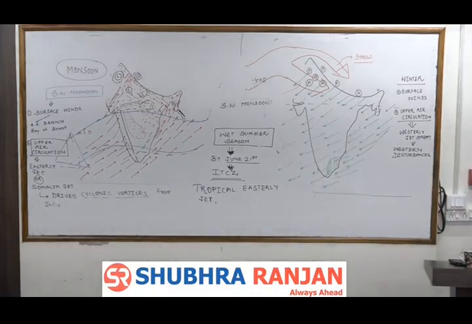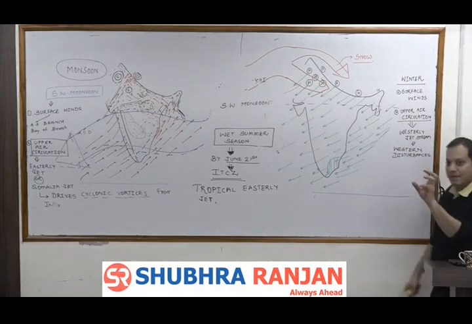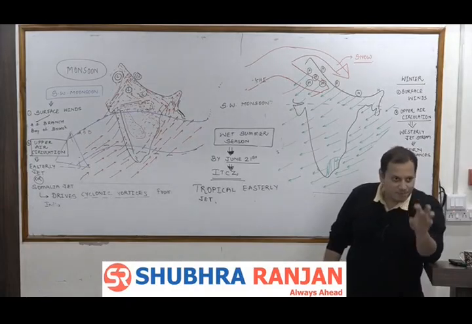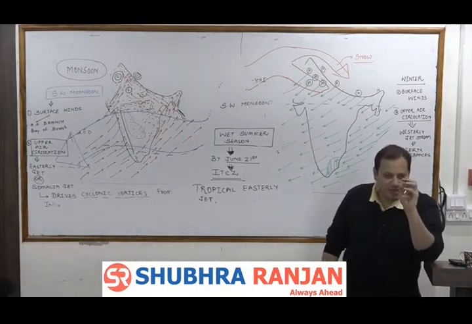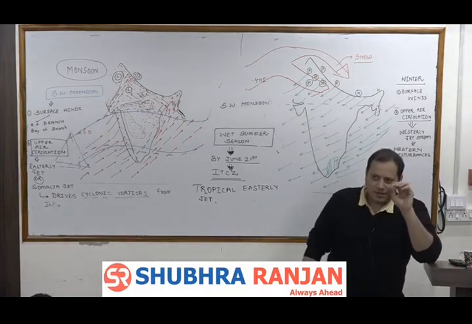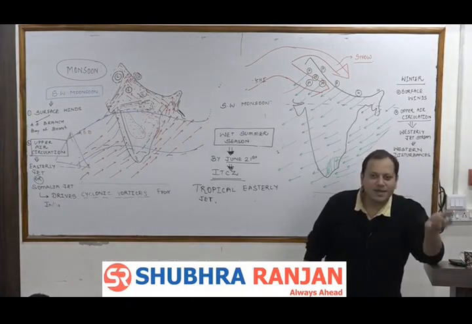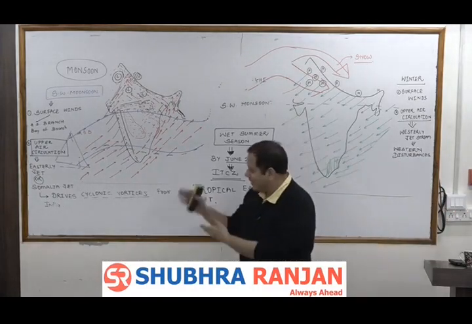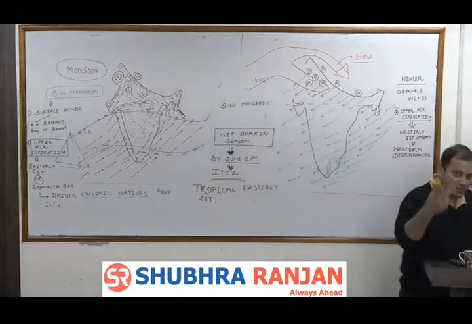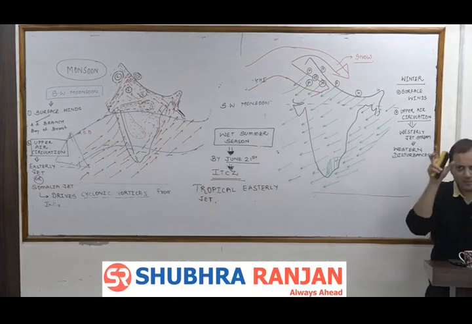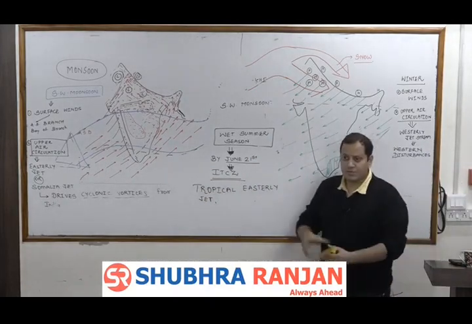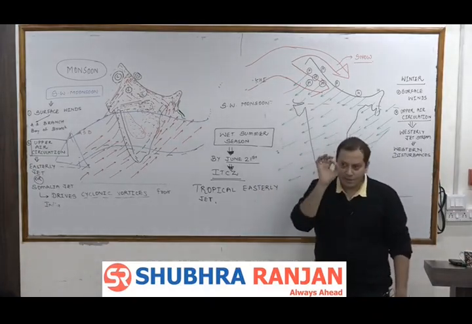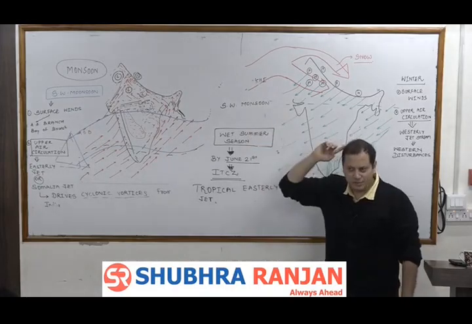Retreating monsoon. I am just giving you the answer for Mains exam, because when we study later properly, it is like an essay on monsoon. You cannot write monsoon in 200 words, 250 words. Even IMD, after sending so many satellites, cannot predict when it will rain and when not. How can we study the monsoon? Okay, but this is the basic of what you should be writing, because we are exam oriented. Obviously we will study in detail, but for that we should know the geography of India, not right now. That we study in detail for solving prelims questions. For Mains, go and see any past year question.